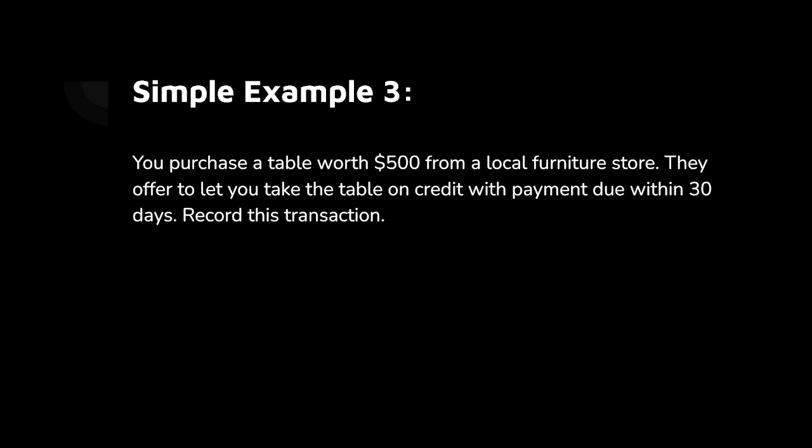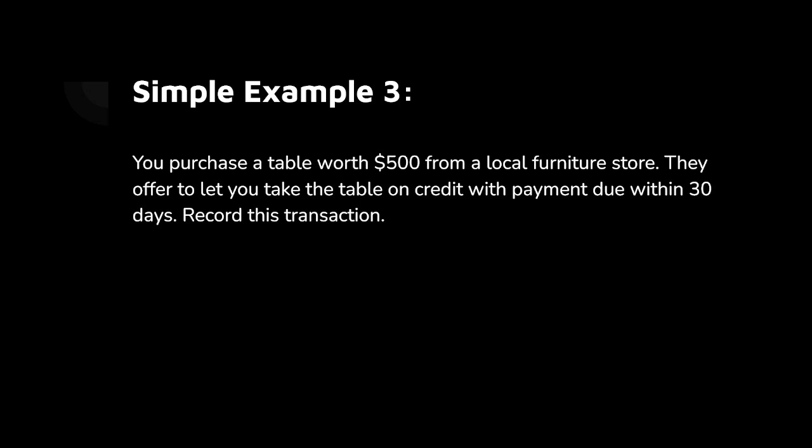This one is actually a little bit tricky, but the account that's impacted is your accounts payable. Accounts payable is the account that records what you owe to other businesses. Accounts payable is a liability, so therefore it increases with a credit.